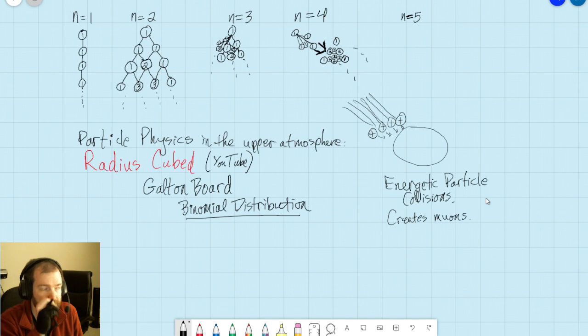And these muons, like neutrinos, can be detected, or we have detectors for them on the other side of the planet. Some people are like, wait, what?